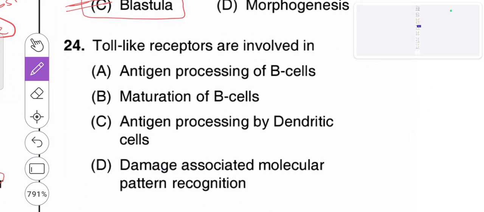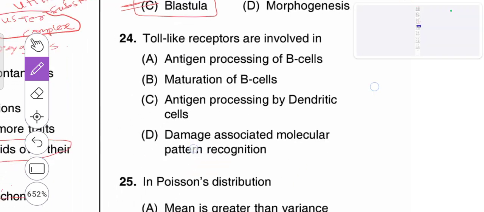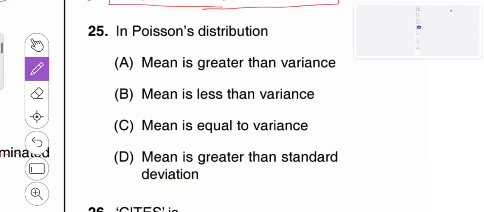Then 24th, toll-like receptors are involved in damage-associated molecular pattern recognition. So D is the right answer for this question. Then next question. What does Poisson's distribution indicate here?